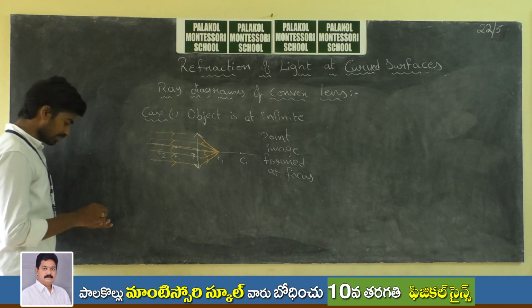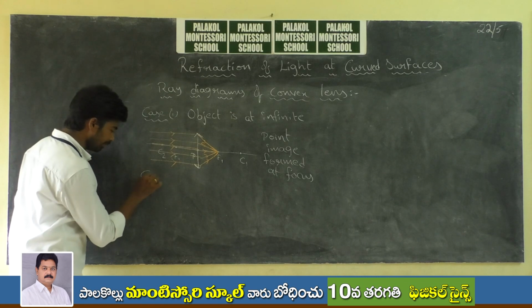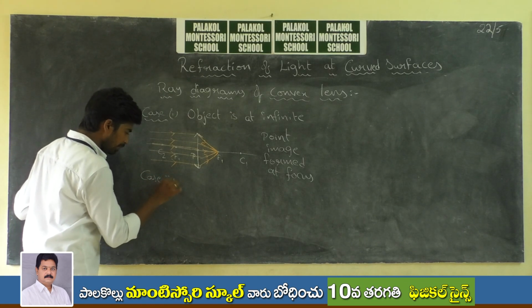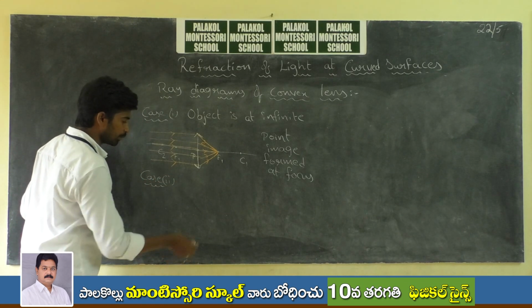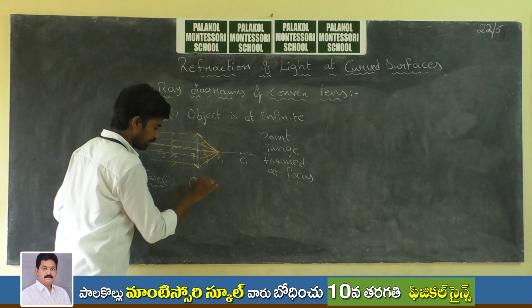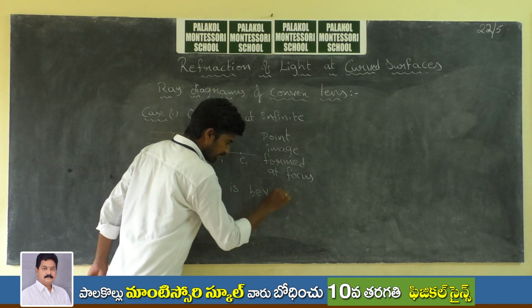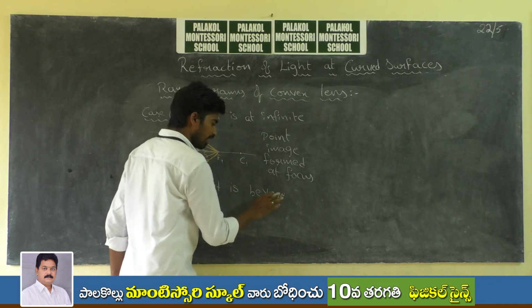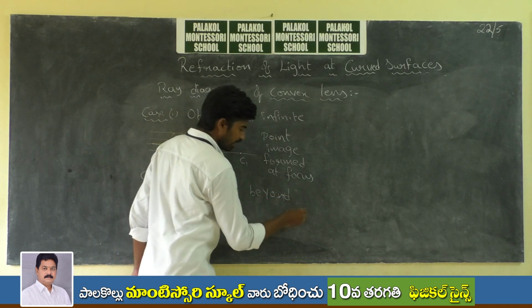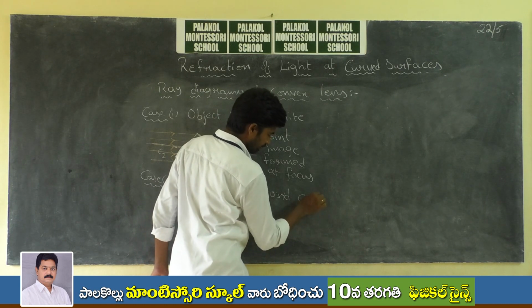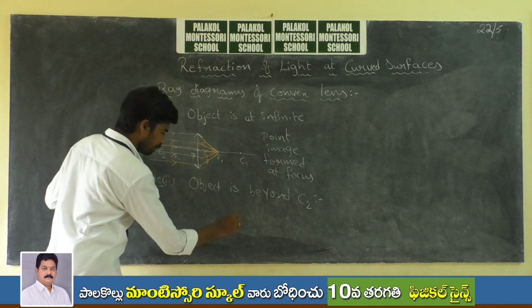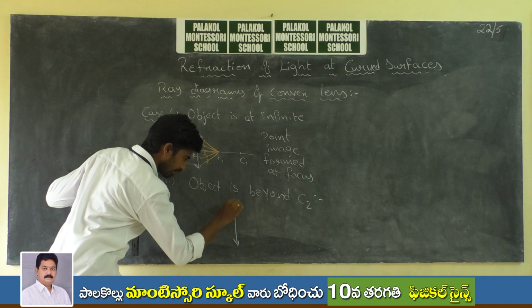So let us see the next case. Case 2: object is beyond C2. What happens when the object is placed beyond the center of curvature C2? So I have placed a convex lens.